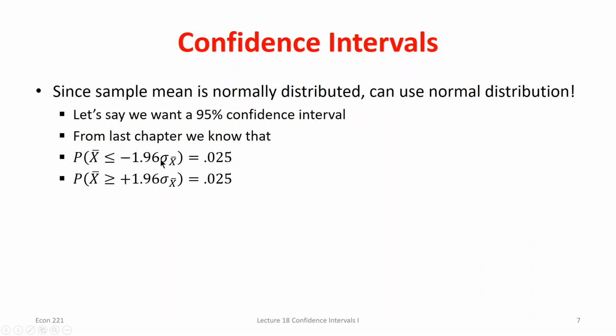The area to the left of negative 1.96 is 0.025. The area to the right of positive 1.96 is also 0.025. This was a symmetric, normal distribution, so we knew that if we were looking at the same number of standard deviations above or below, the area to the right of the positive z-score and the area to the left of the negative z-score would be exactly the same.